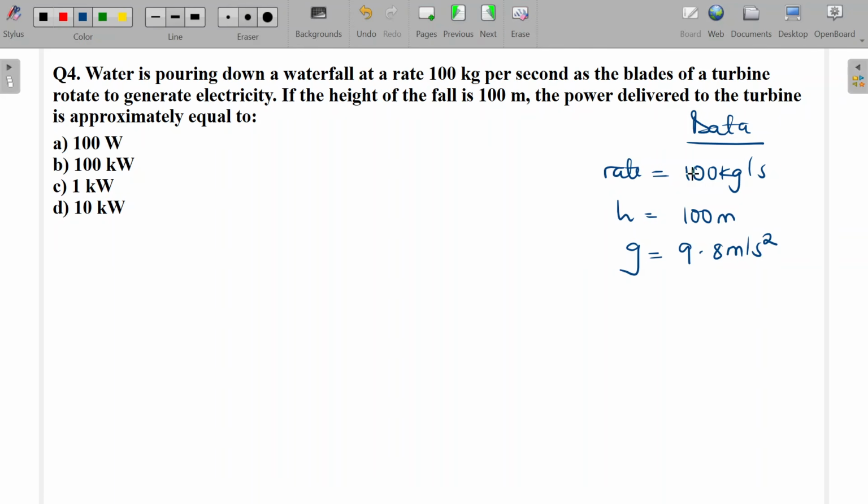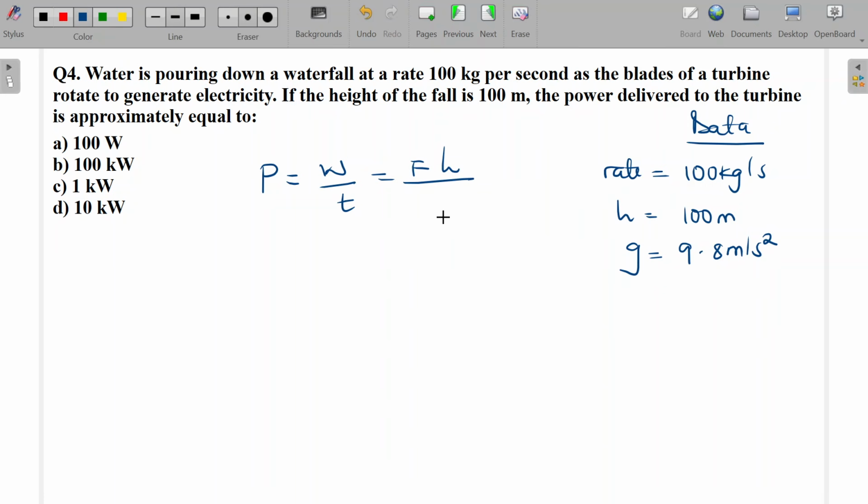Looking at what we've been given, here they want us to find power. We know that power is equal to work over time. Now here we don't have work, but we know that work is equal to force times the distance, or in this case the height.